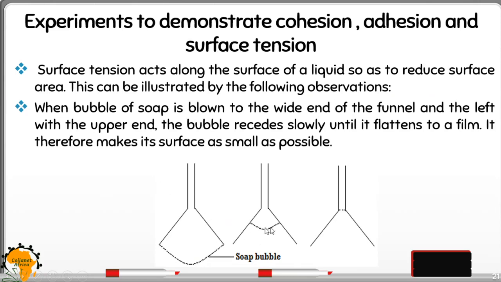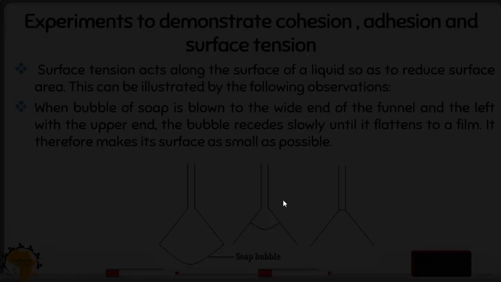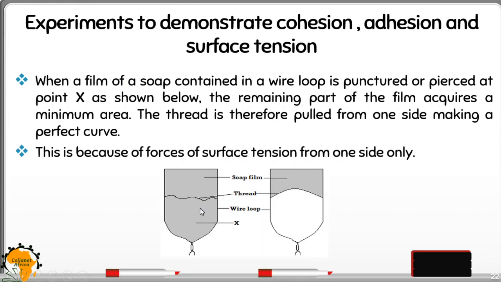So it has to reduce the surface area, and it will do that by receding, as you have seen with this bulb, and it will go to where we have the minimum area. Another example is when you have this loop. When you dip it in a soap solution so that you can get the soap film, and then you break the part on one side, you find that this thread will form a perfect curve.